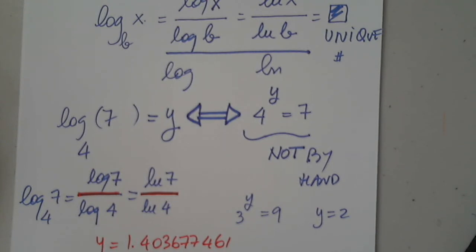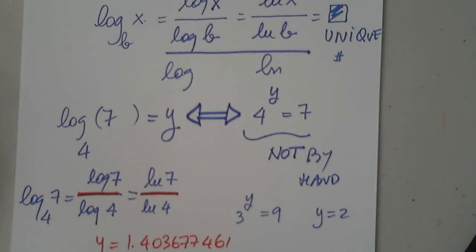If I don't get 7, then this number is incorrect. I missed something, maybe I didn't put parentheses. But here's what happens if you truncate the number: 1.404, I will never get 7. I either get a little bit over or a little bit below, depending on my rounding. But if I recall the previous answer, then I get exactly what I want. So I know that this is correct.